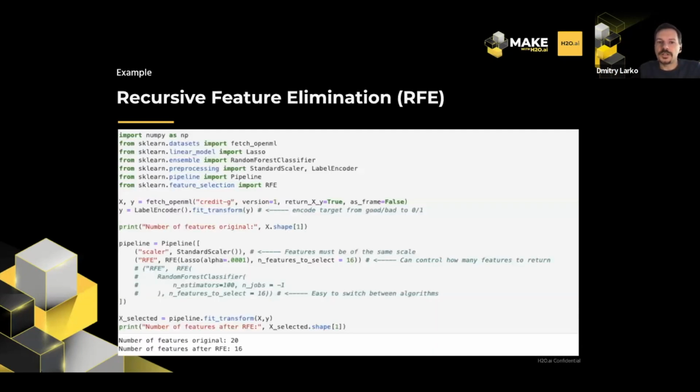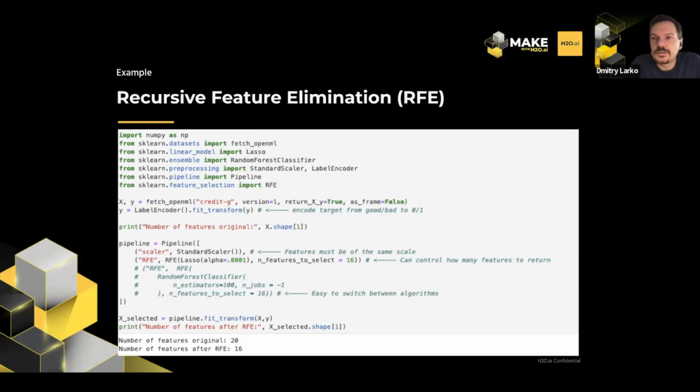It's actually very easy to implement in scikit-learn, because scikit-learn has this implemented for you. It has a specific transformer called RFE, and you can use it right away. And what's good is that you can interchangeably use linear models and random forest, for example.